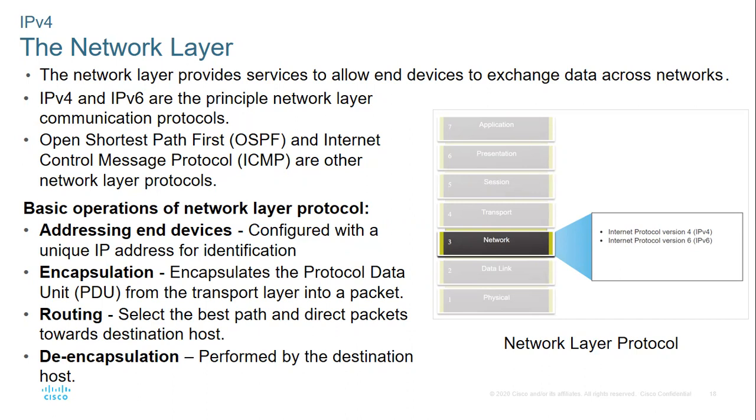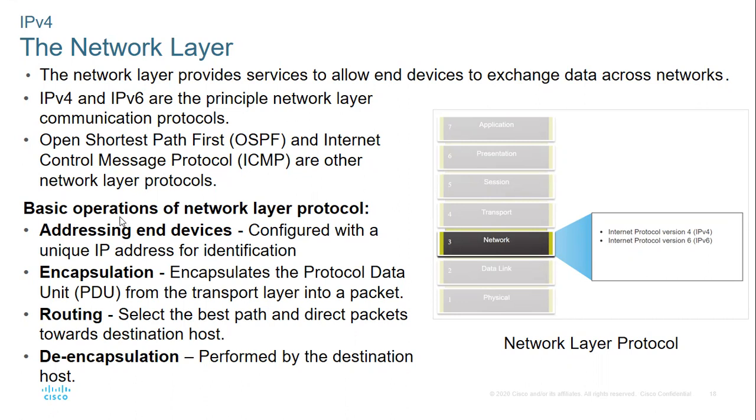And these routers share the information about what they know, the routes, the paths. And how do they do that? They do that by using what are known as dynamic routing protocols. So for example, OSPF is one of them, okay? And then ICMP, this is just used for diagnosing the network and so on.